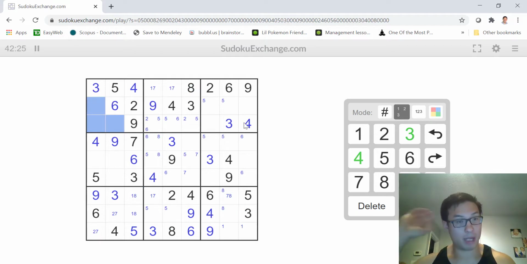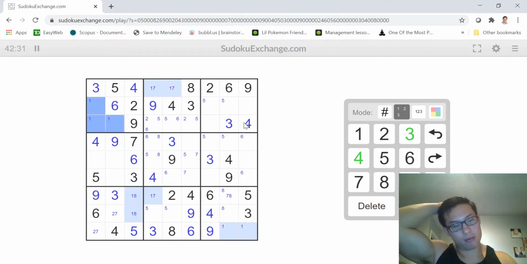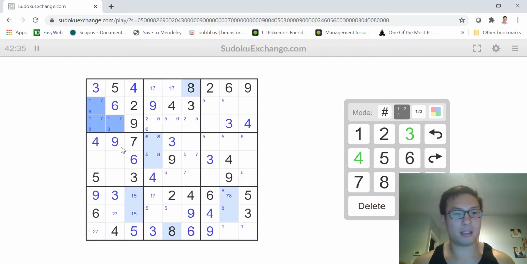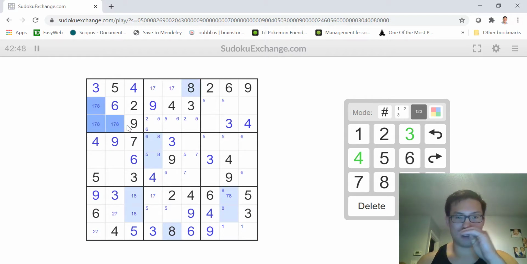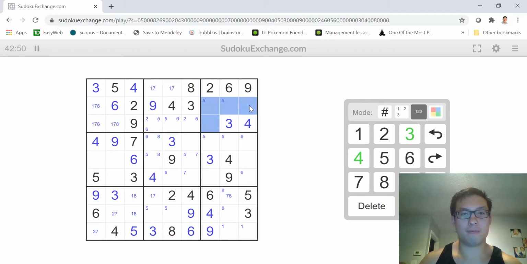Yeah, I guess I'll just fill in boxes. That can be a 1. What else can it be? 5, 6, or 7, 8. Just in case, I'm actually going to write that in the centers of the boxes because I know what those cells could or could not be.